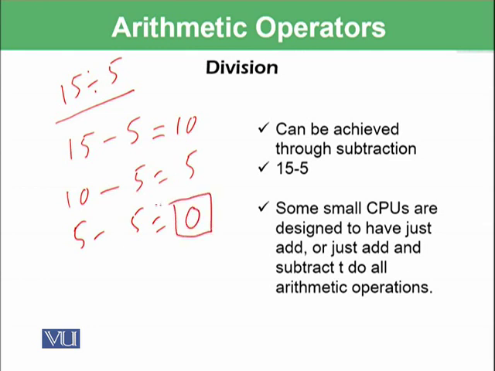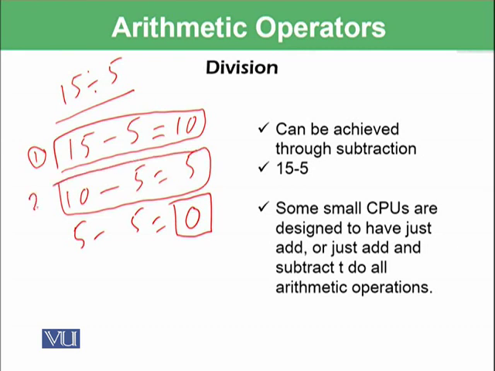As soon as we receive 0, and we must receive 0, otherwise it's not a whole number, we count the number of iterations we have performed. In one iteration we did this step, so it is 1, then there is a second, and then a third iteration. So this means 15 divided by 5 will give us the answer of 3. This is a repetitive subtraction until we reach the value of 0.